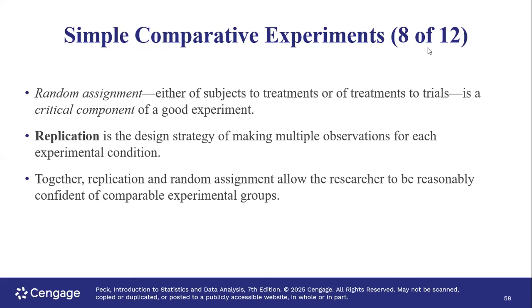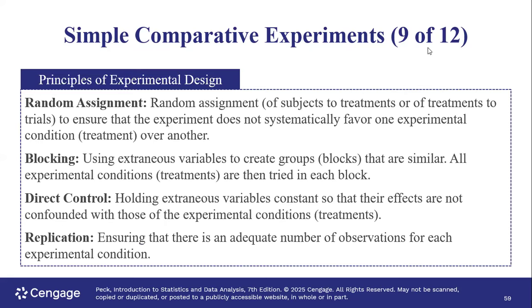Replication is the design strategy of making multiple observations for each experimental conditions. Just one observation in each experimental condition is no good. We have to do it more times, repeat it. Okay. So random assignment of subjects to treatments, which we just discussed, or treatments to trials to ensure that experiment does not statistically favor one experimental condition.